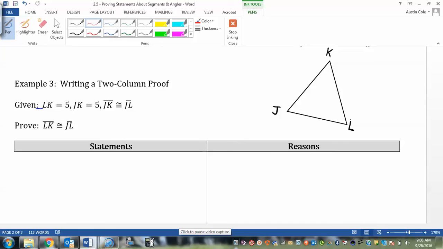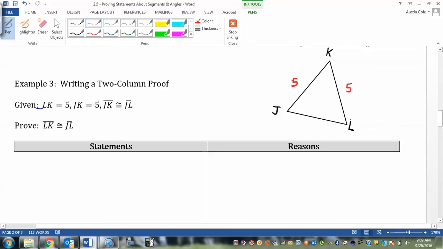All right, so we're given this triangle JKL, and we're given the fact that LK is 5. So over here, again, if something's not labeled on our picture, we should do that. LK is 5 right there. And then it says that JK is 5.